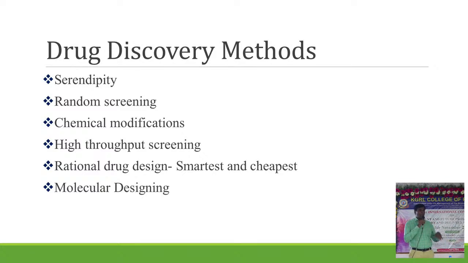Depending upon that information, scientists collected medicinal plants. Later they extracted and screened them for pharmacological activities, and once proven, they went for the isolation of the active constituent in that plant extract. So, random screening of medicinal plants.